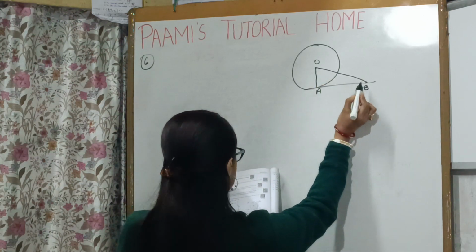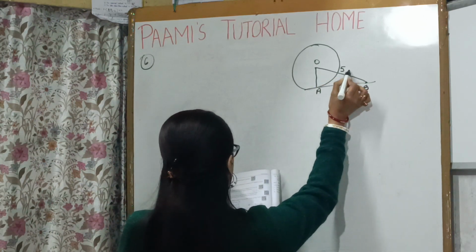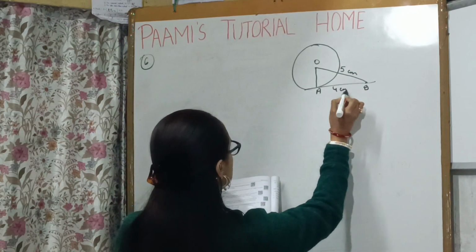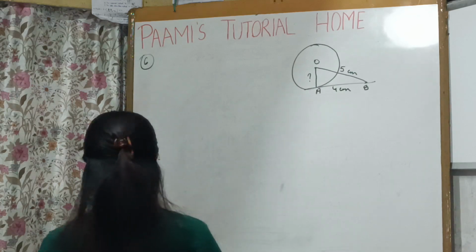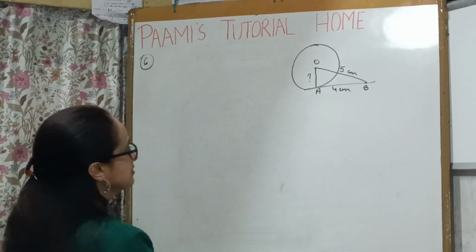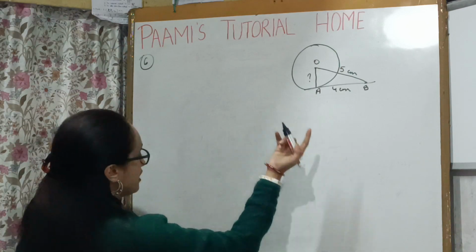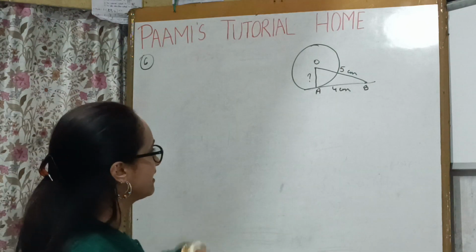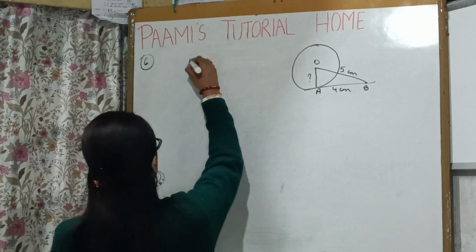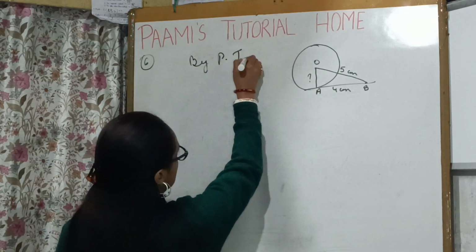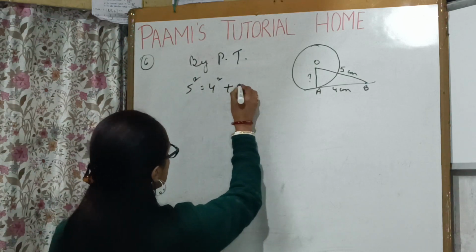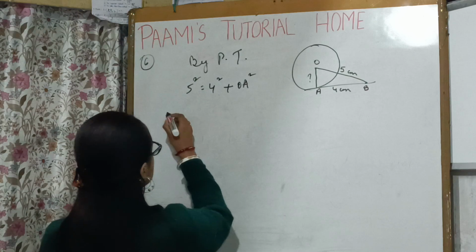Join this. This is 5 centimeter. This is 4 centimeter. And you are required to find this, like your last few sums which we did yesterday. So what will happen here? By using what? This is a right angle triangle. That means Pythagoras theorem is applicable here. By PT, 5 square is equal to 4 square plus OA square.